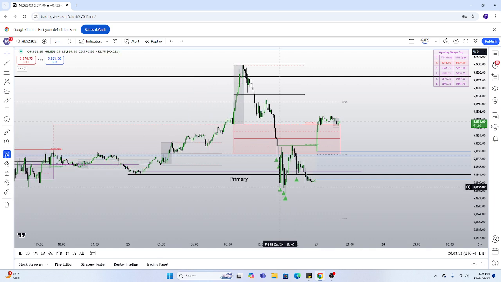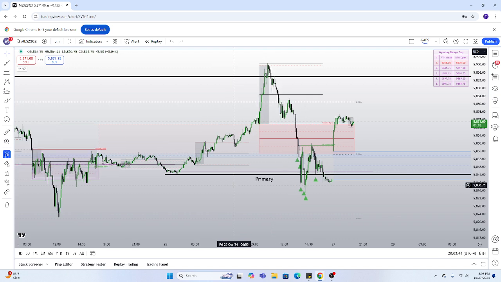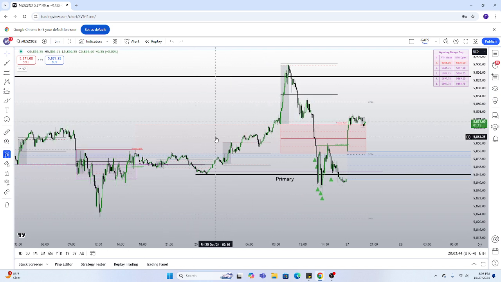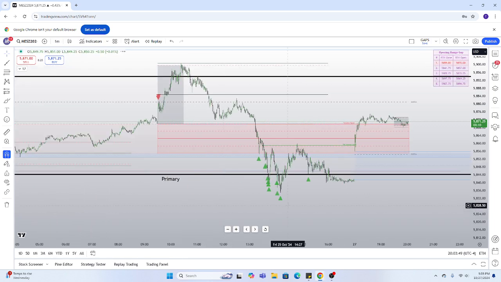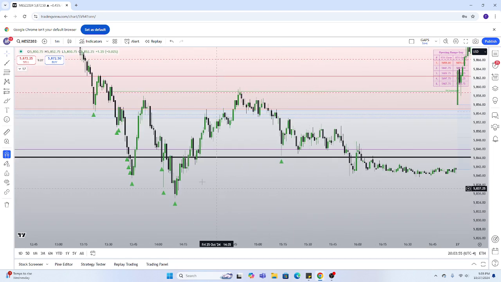This was Friday last week. If you look over here, we're going to be focusing on this price action. We have the primaries out of the way. Now we want to label our secondary, so we're going to drop down into an even lower time frame. We've already taken out the primary here. With this drop down, what we would label as our secondary would be over here.